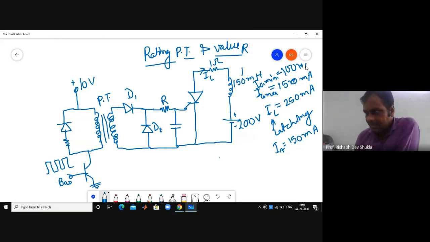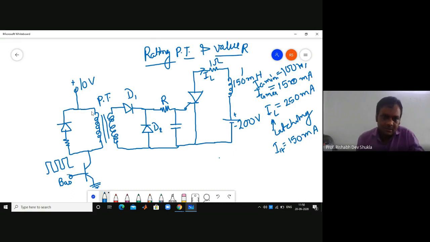It is also given here that all the drops, whether in the transformer, transistor or diode, can be taken as 1 volt order. Gate to cathode junction drop is also 1 volt.